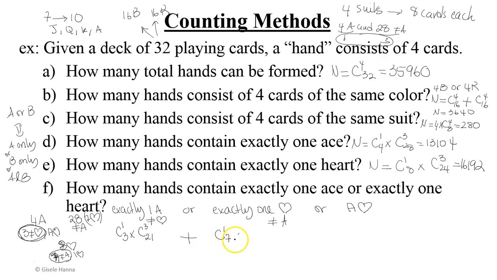Now, the remaining 3 cards should not be aces or hearts at all. So for the remaining 3 cards, these 8 hearts are out of selection, and for the remaining 24 cards, we should not forget that among these we have 3 aces that we don't want to choose. So removing these 3 aces, we'd still have a total of 21 to choose from.